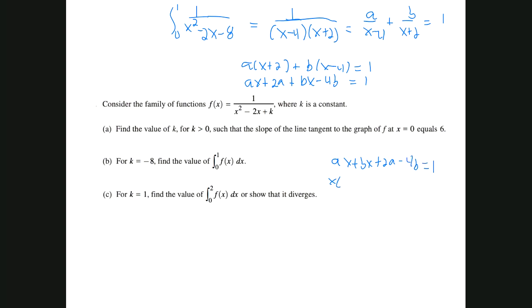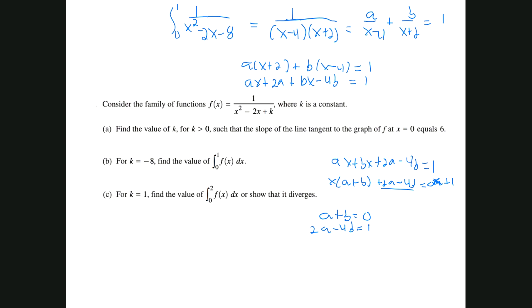So a plus b times x, plus 2a minus 4b, is equal to, and I'm going to write this a little differently, 0x plus 1. So now I know that a plus b is equal to 0, and I know that 2a minus 4b is equal to 1.